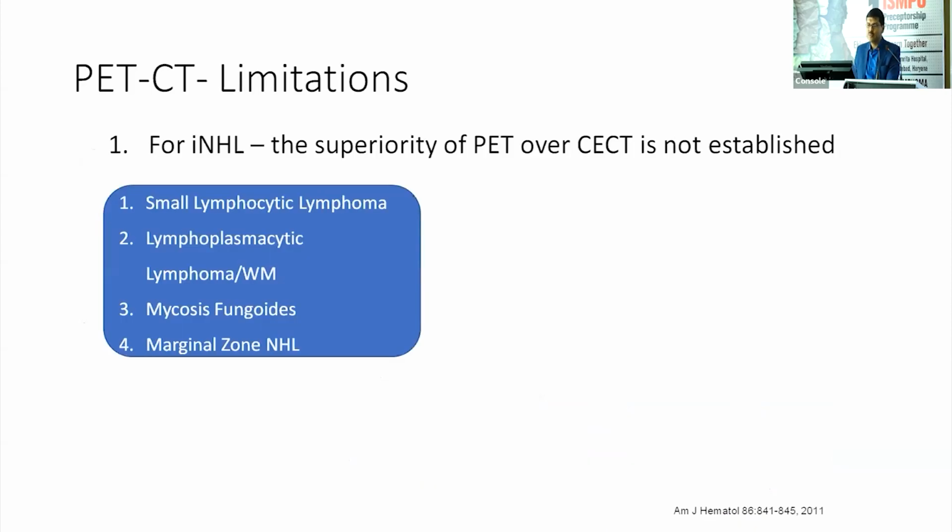The problem occurs with indolent NHL, and when I speak of indolent, I mean small cell lymphoma like SLL, CLL, lymphoplasmacytic lymphoma, Waldenstrom, mycosis cutaneous, and marginal zone lymphoma of various varieties.